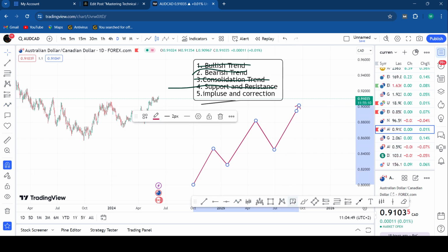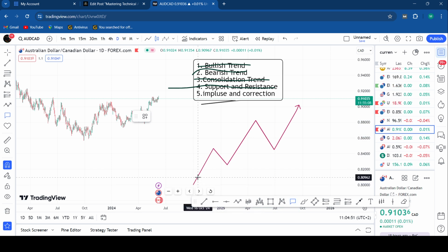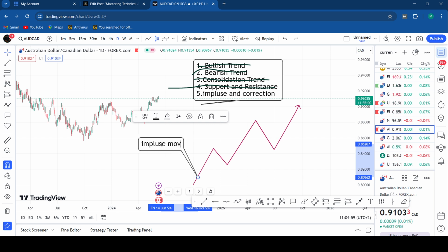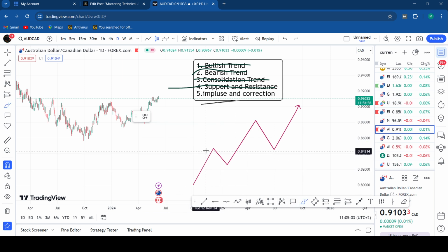So where do we see the impulse? The impulse is by force. Like I said, the market moves with force. So this is an impulse move. This move right here.